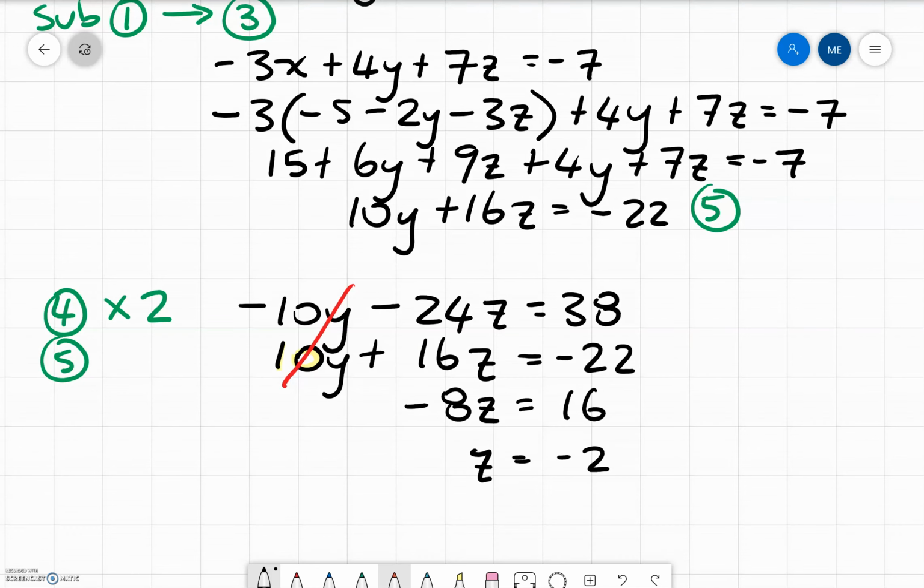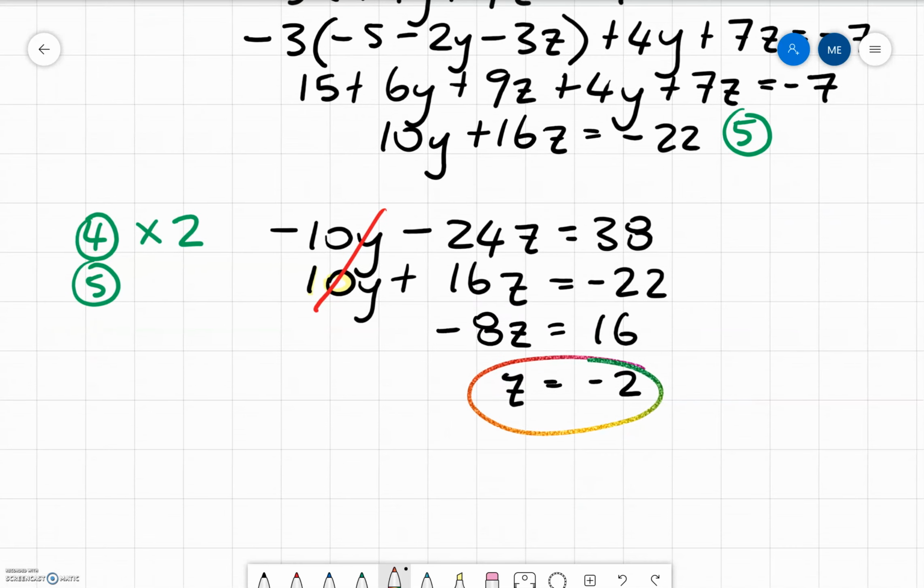So this here is my first solution. So I've found z. The next step is I want to find another variable. So if I take z equals negative 2 and substitute it into one of my equations, I'll be able to solve that. So I'm going to substitute z equals negative 2 into equation 4.